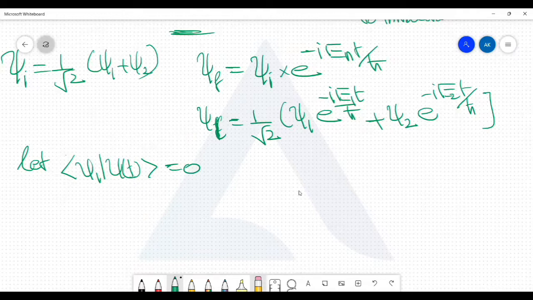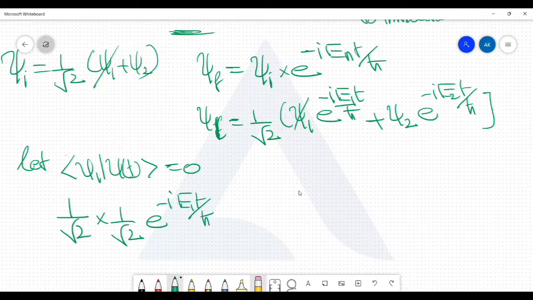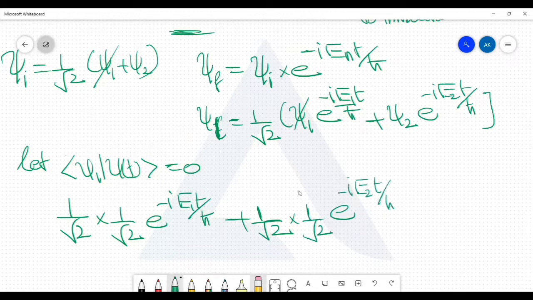Okay. Then to check the orthogonality, what do you have to do? The product of the coefficients of the basis states is equal to 0. So the psi 1 coefficient, that is 1 by root 2, into 1 by root 2 e raised to minus i E1 t by h cross, plus here you have again 1 by root 2, into 1 by root 2 e raised to minus i E2 t by h cross.